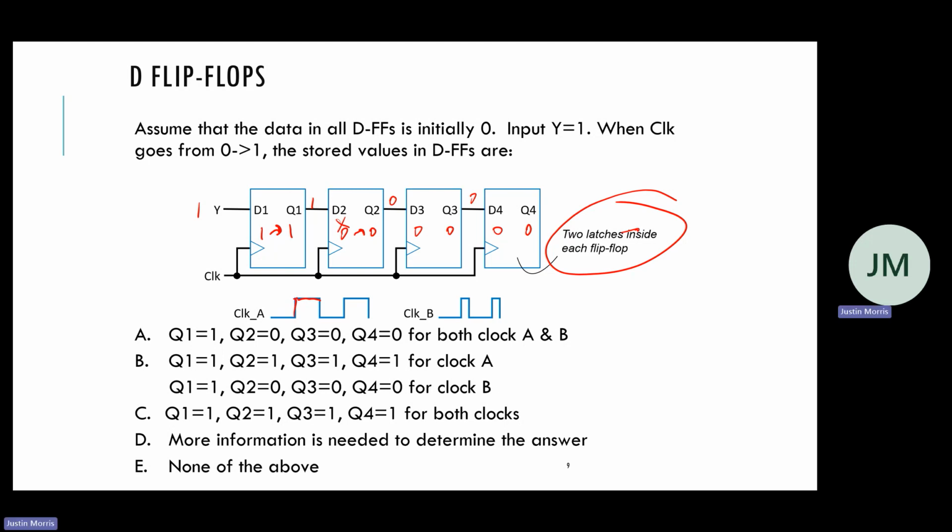So this was the big difference between flip-flops and latches. With the latch, they're just transparent when clock is 1. So depending on the propagation delay from D to Q, we were not sure how many latches it was going to go through. But we knew it was going to go through some, right? But with the flip-flops, you can't.